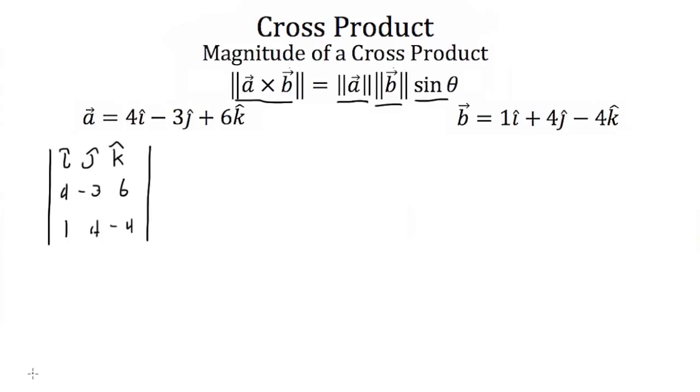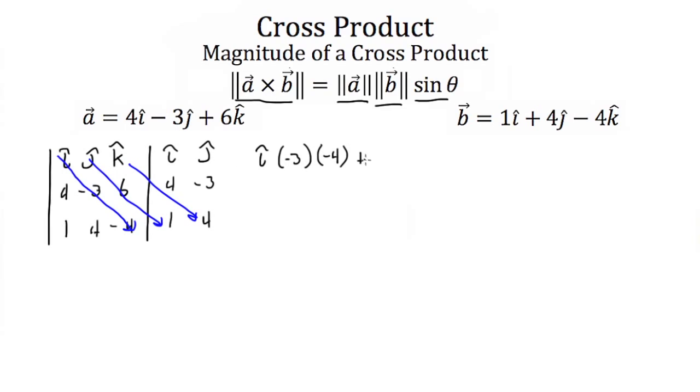Now I'm going to use method 2 this time. I recopy my first two columns, so i hat, 4, 1, j, negative 3, and 4. Then I multiply i times negative 3 times negative 4 plus j times 6 times 1 plus k times 4 times 4.